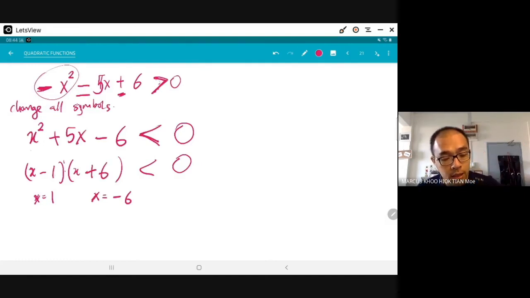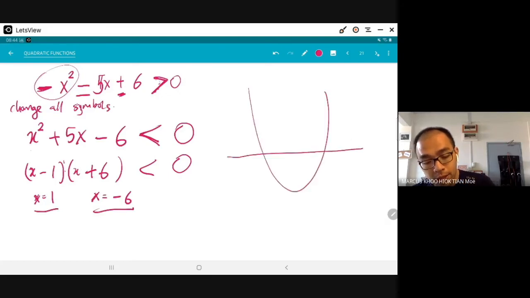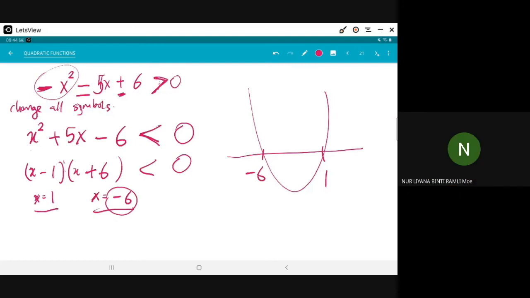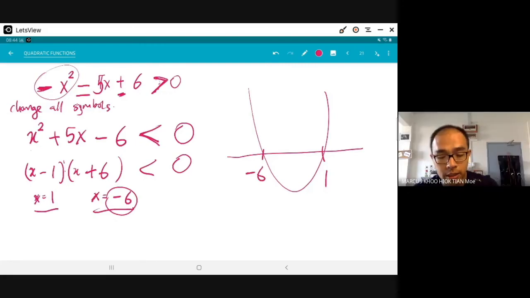Okay, then you use these two numbers and you draw the U shape. Okay, sebelah kiri mesti nombor yang lebih kecil, which is negative 6. Negative 6, sebelah kanan is 1. Okay, mana yang kita lorek? Dua di tepi atau yang di tengah? Di tengah. Okay, di tengah.